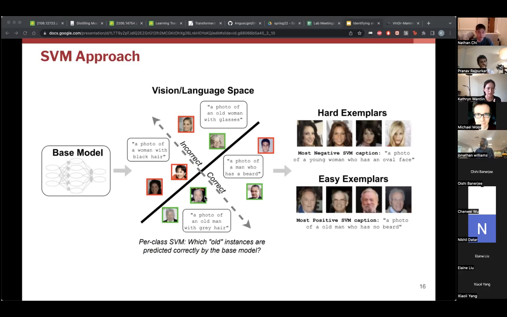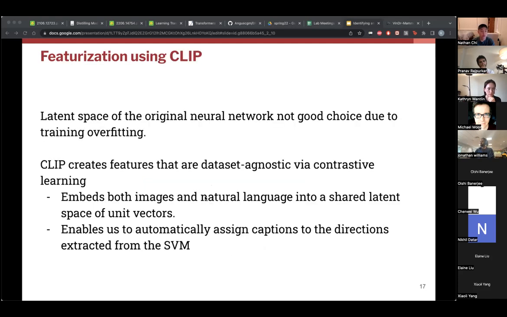And then similarly, for the older side of the boundary, are we going to get labels, embeddings that are very related to being male? So that's kind of the idea of the advantages of using CLIP here.